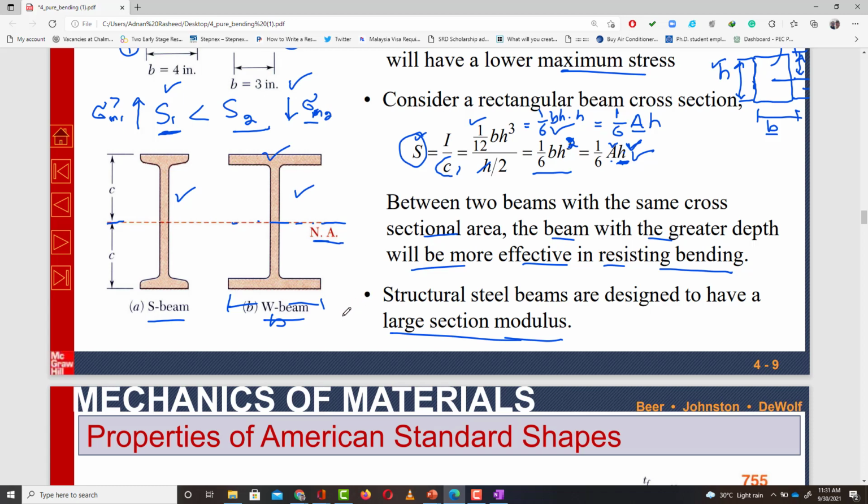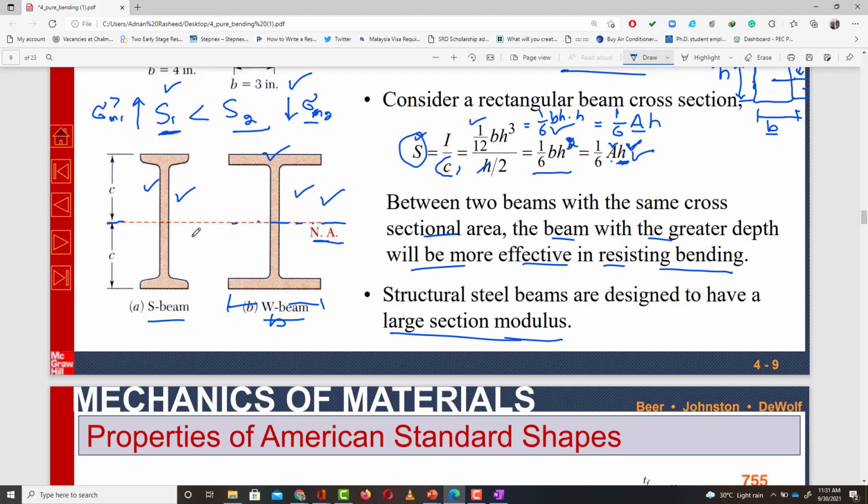It will also increase the weight. Both beams have the same height, but this will have less weight. Although this will be safer, it will increase the weight of the structure. So you have to keep in mind that the weight of the structure should not increase as well.